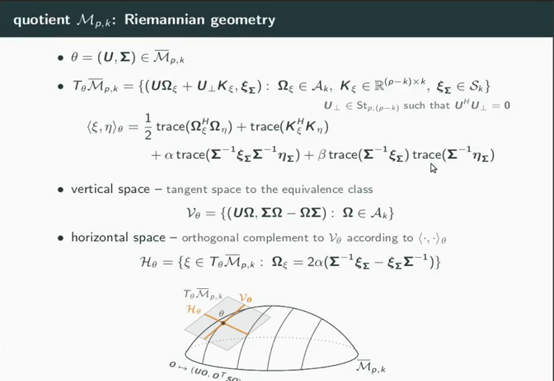And in fact, the tangent space can then be decomposed into two complementary spaces. The vertical space here corresponds to the tangent space of the equivalence class in the whole manifold. And we can then have a good representation of the tangent space of the quotient manifold by taking its orthogonal complement in the tangent space, and it's the horizontal space, which is given here.